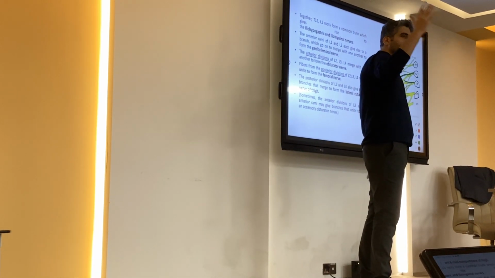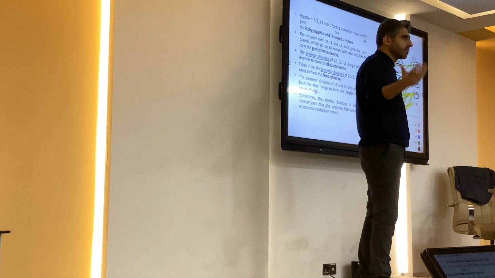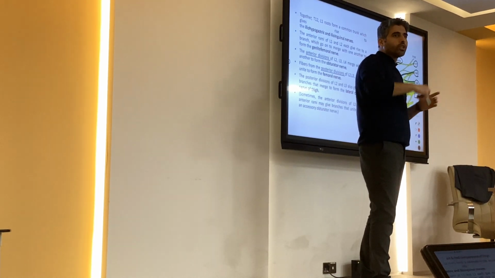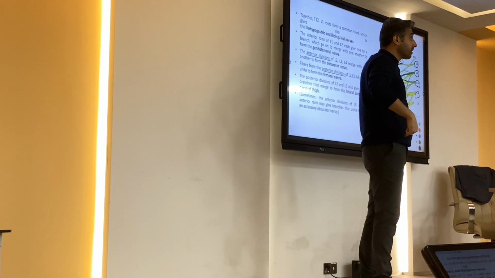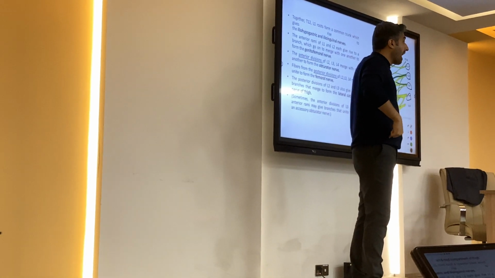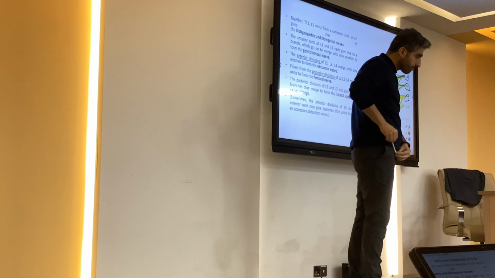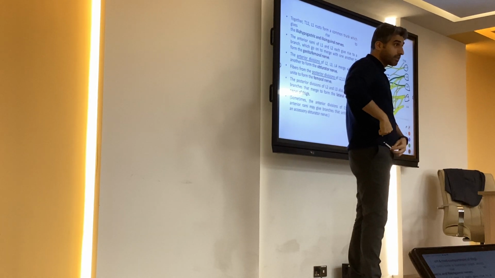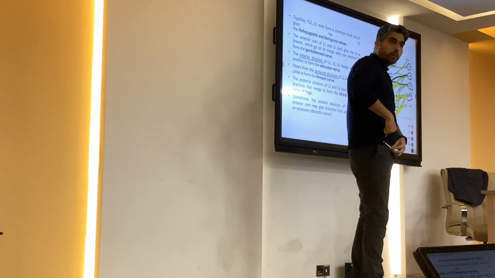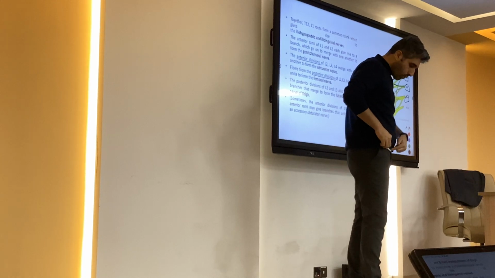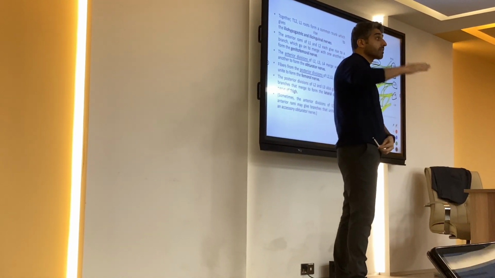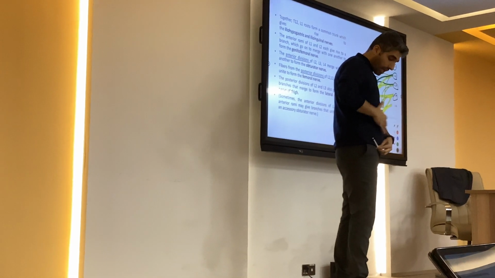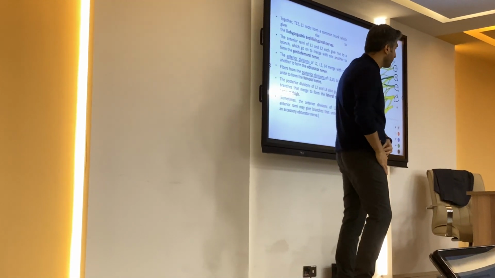I told you in the previous session. Inguinal ligament. We have one important ligament between the anterior superior iliac spine and the pubic tubercle here. This is the inguinal ligament. And I told you this ligament is the border between the abdomen and the lower limb.